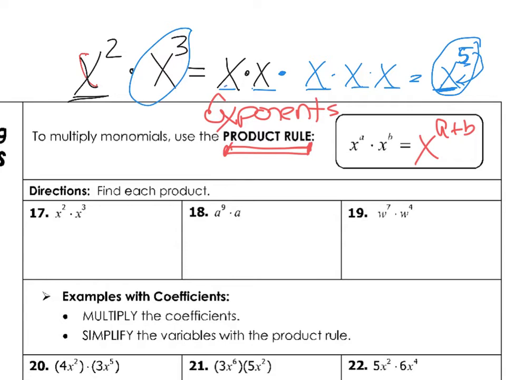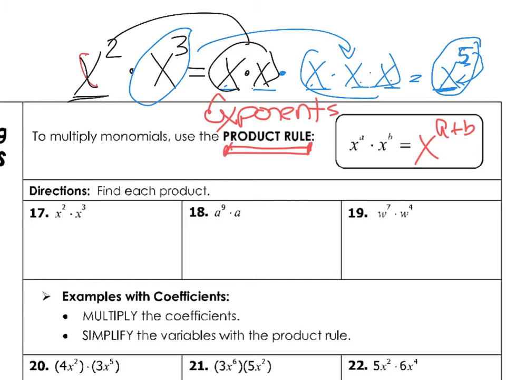Here we were multiplying it 3 times, and here 2 times, so if we multiply them all together, we're multiplying it 5 times. That's why the rule is to add your exponents when you're multiplying.